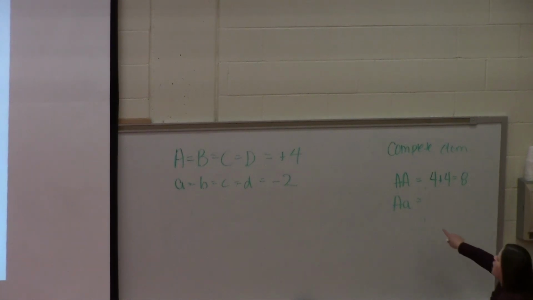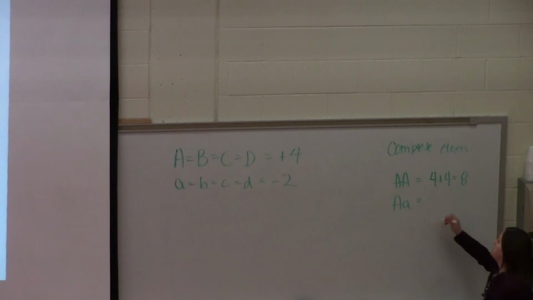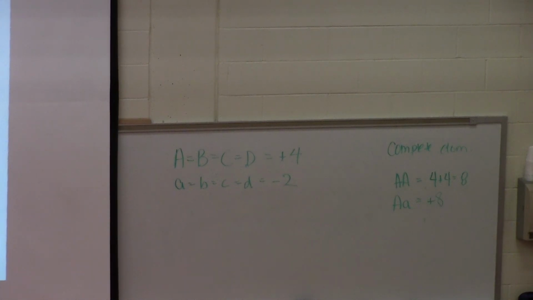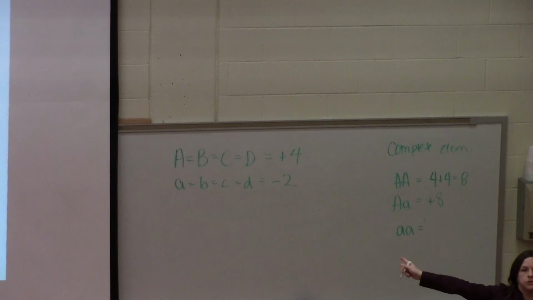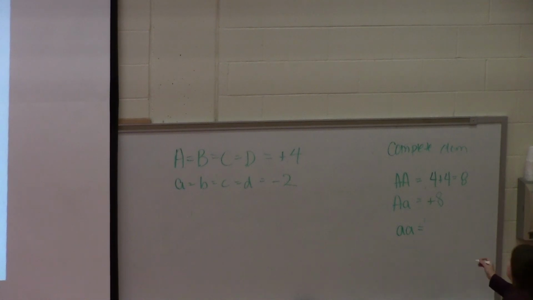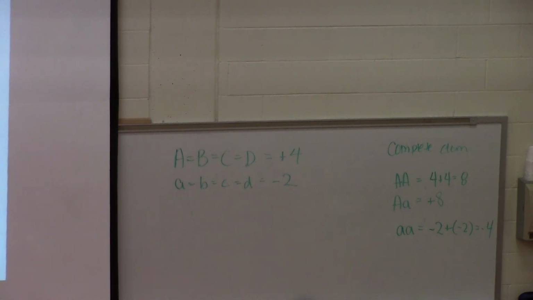If I have complete dominance, how does the value of my heterozygote compare to that of the homozygote? Same, right? It's also +8. And if I have a recessive genotype, then I have 2 little a alleles. They're each worth -2. And that's -4. Okay.